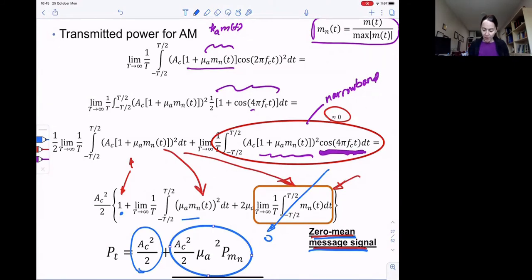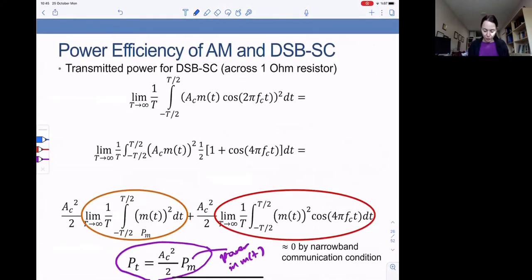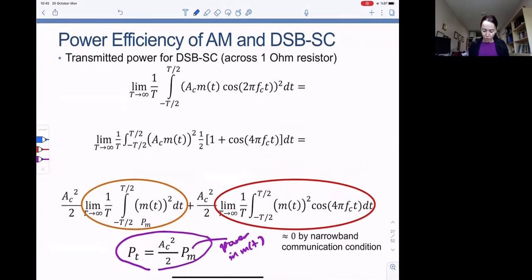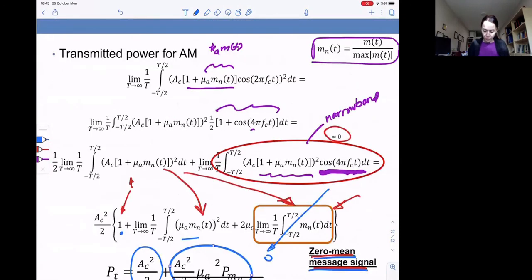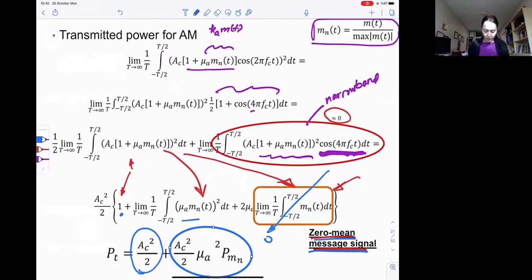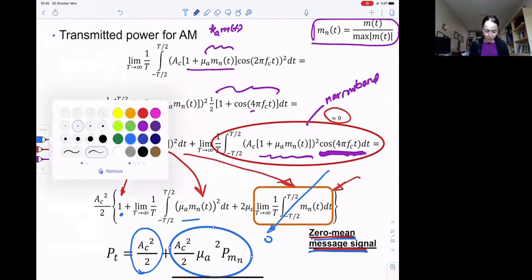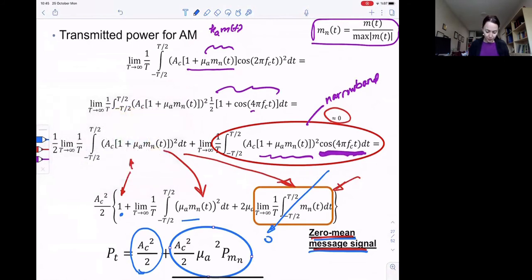So in contrast to the double sideband suppressed carrier, we have an additional term due to the DC component. The additional term is this one. The additional term is this component, the first component.